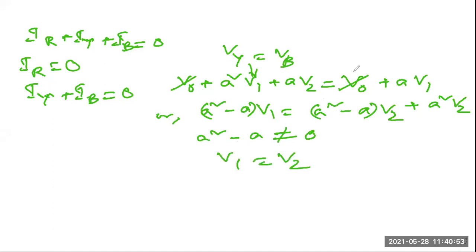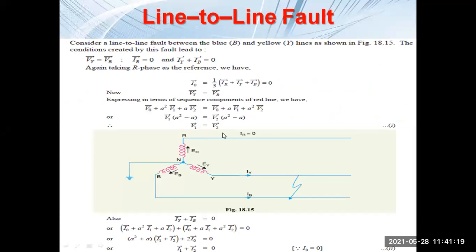Yes or no? If anyone has doubt, please tell me. V1 equal to V2 means positive sequence voltage equals negative sequence voltage. Clear? Yes, sir. Okay. So V1 equals V2.